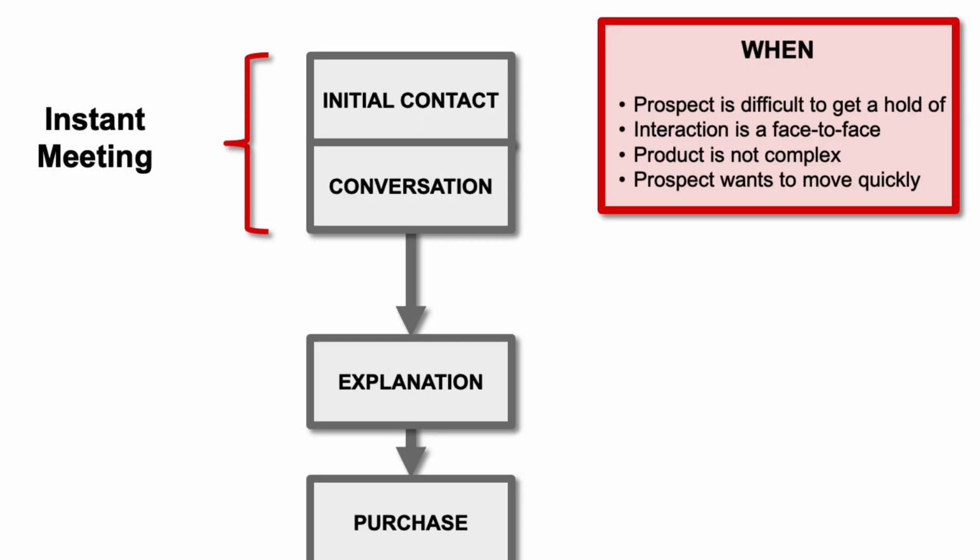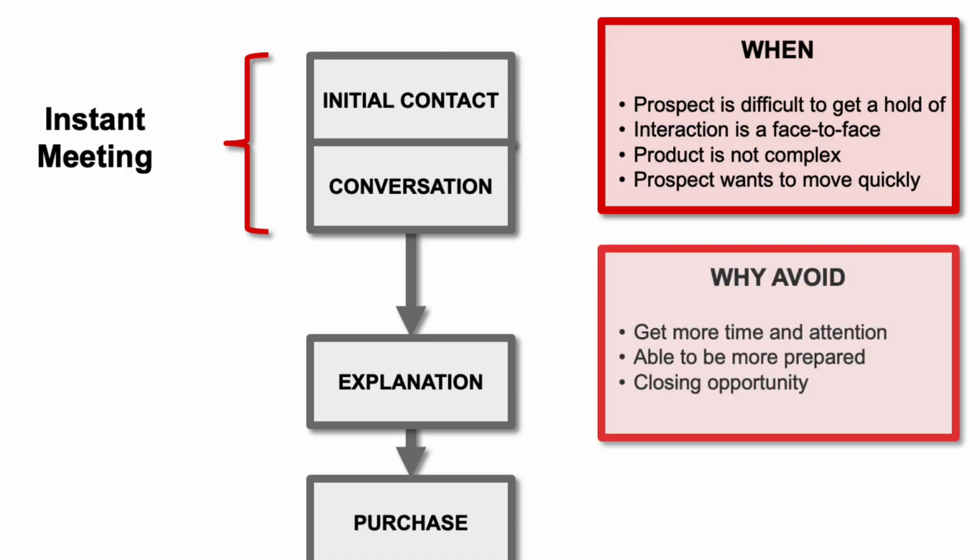You might want to get as much out of that interaction as you can and try to push forward towards an instant meeting. Or if you're meeting with someone face to face, it might make sense just to keep talking then. If you sell something that's fairly simple, it might not make sense to schedule a conversation on another day. But I believe in most cases, you want to try to avoid instant meetings.